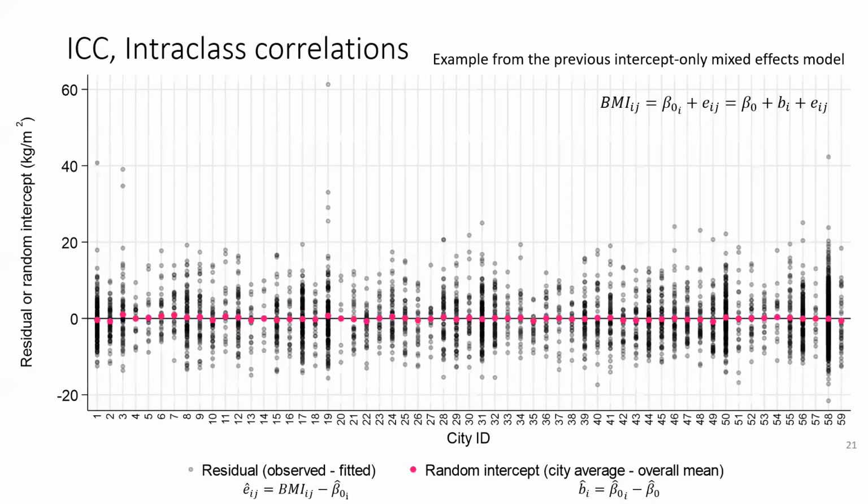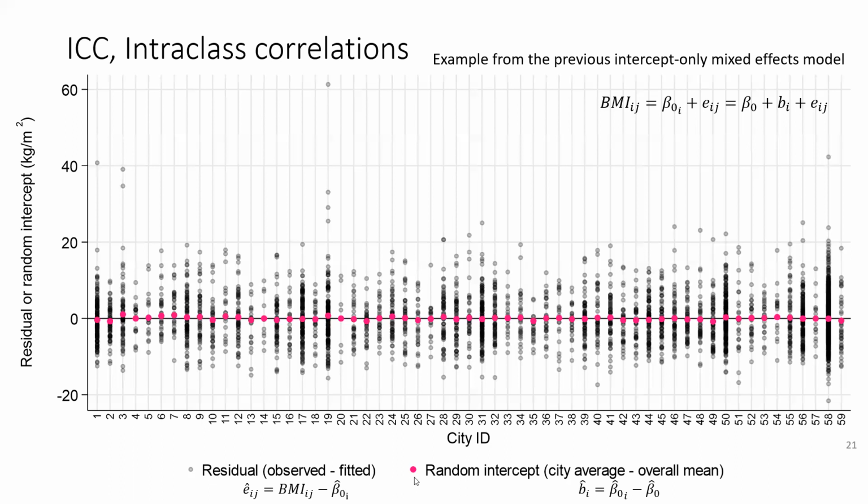Then let's go to ICC. And now, many graphs, by the way. I plotted residuals and random intercepts in this graph per city. What is a residual? Again, it's the difference between the actual BMI and the estimated fitted value, which is the city specific mean, represented by this gray dot.